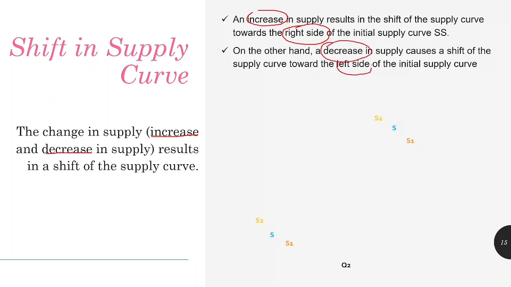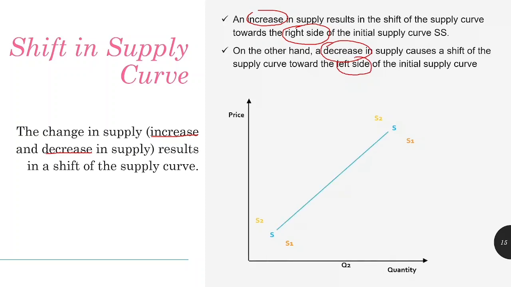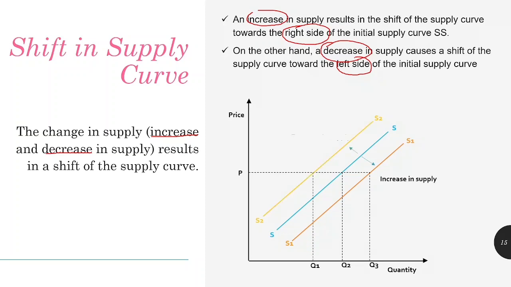Okay, so graphically we can see that the price is the same, but when there is increase in supply, it will shift to the right side, and when there is decrease in supply, it will shift to the left side. So in increase in supply, we are offering more quantity and shifting to right, and in decrease in supply, we are offering less quantity, so it's shifting to left side.